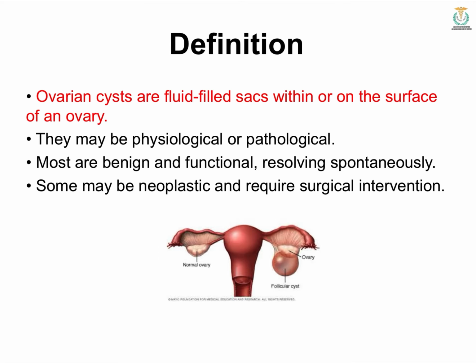Talking about the definition, ovarian cysts are fluid filled sacs within or on the surface of an ovary. They can be physiological, as a part of the normal menstrual cycle, or pathological due to neoplastic changes. Our main job is to differentiate benign cysts from malignant ones, and physiological from pathological.